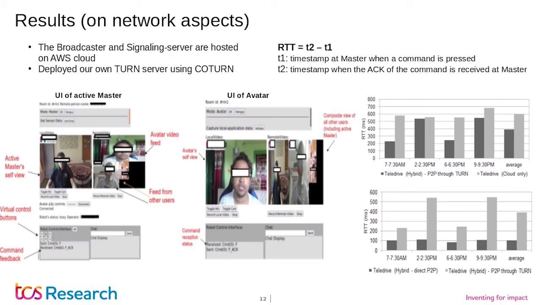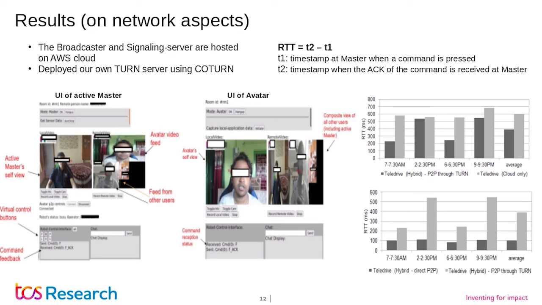Here we compare the latency of our hybrid Teledrive with a cloud-based only model. When a master presses a key, suppose the F button, the command will be received by the avatar, and upon receiving that, it will send an F acknowledgement, F_ACK, to the master.